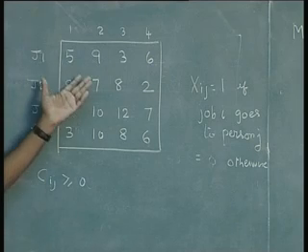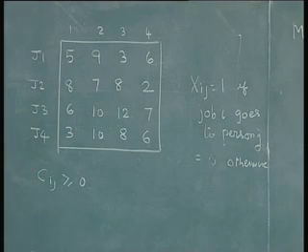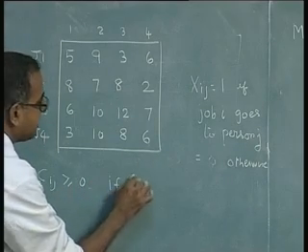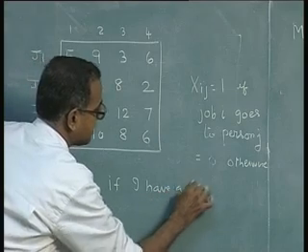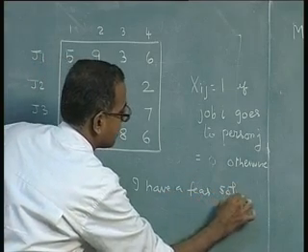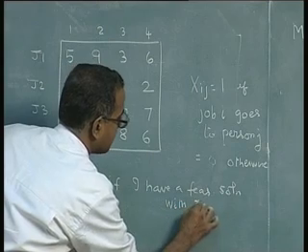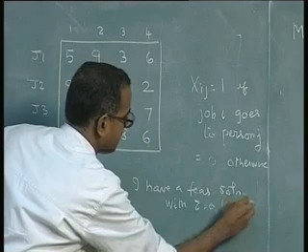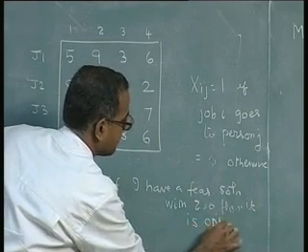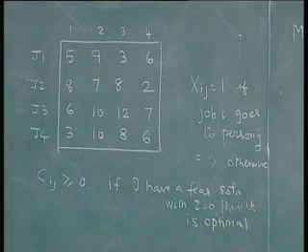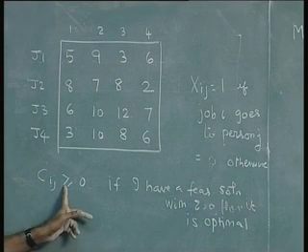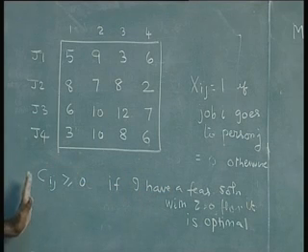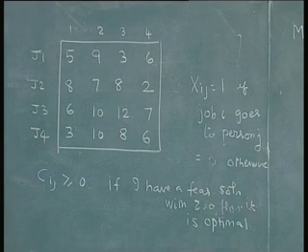We are not going to have negative Cij's. So when Cij's are greater than or equal to 0, a very simple result would mean that if I have a feasible solution with z equal to 0, then it is optimal, because we have Cij's greater than or equal to 0. So if we have a feasible solution with z equal to 0, that solution is optimal is a very intuitive result, because Cij's are greater than or equal to 0.